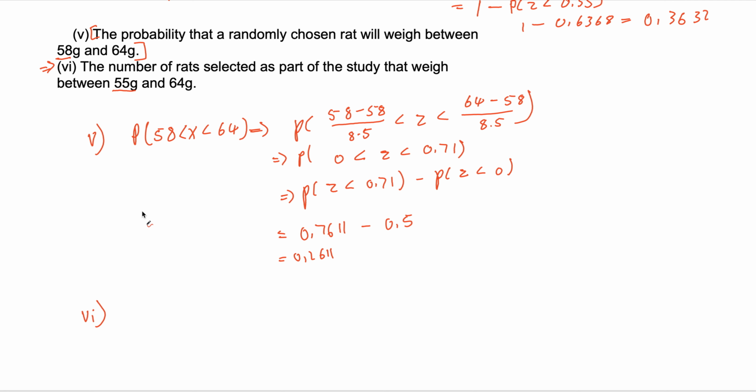So now for this one, you have to work it out again. So that's P of 55 less than X less than 64. For this question, you're going to do the same thing you did on question 5.